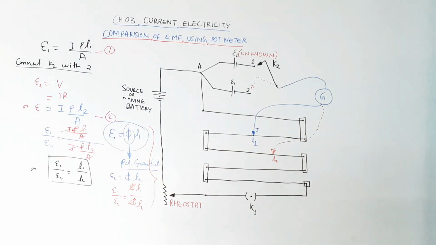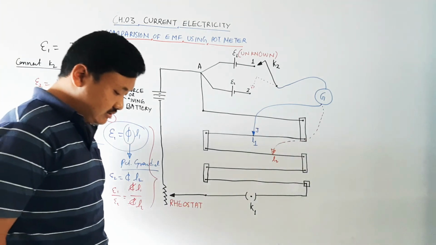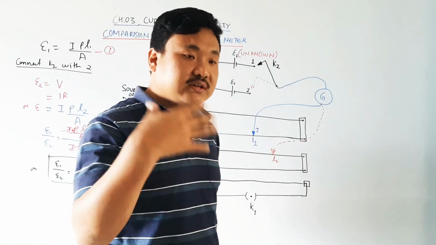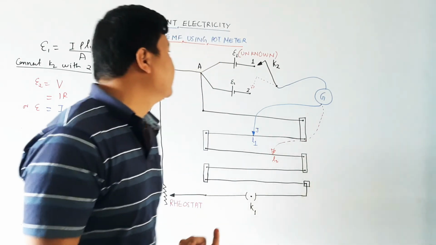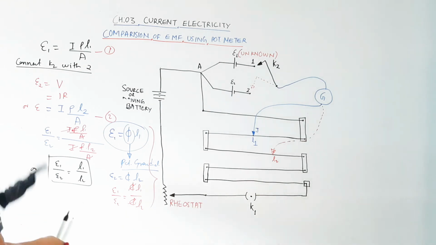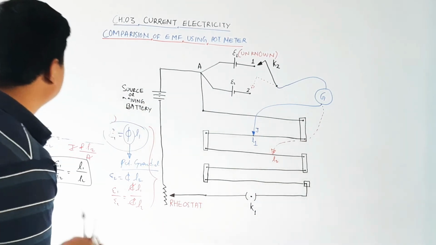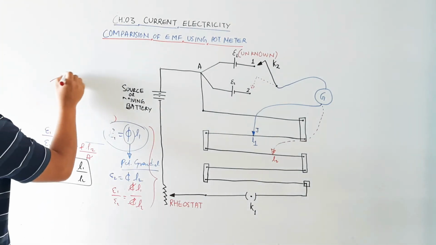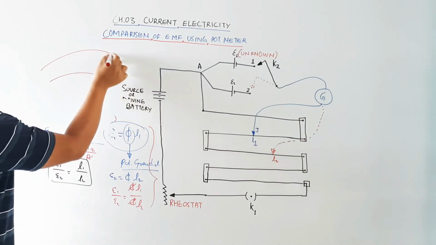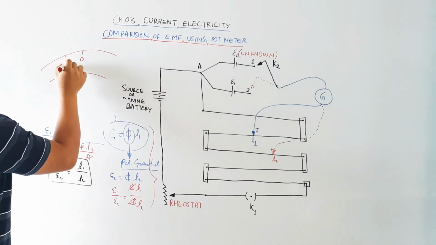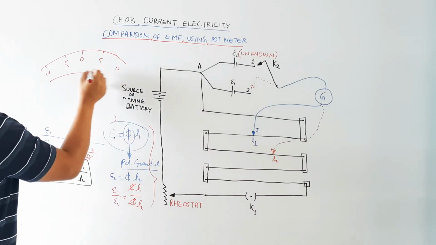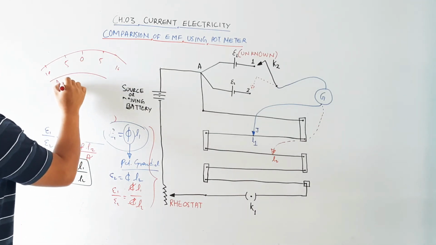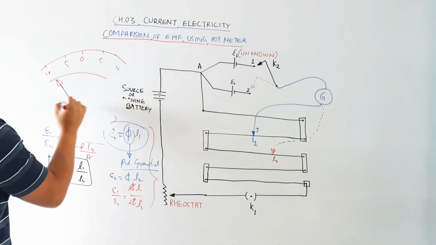Both are the same. Now, sometimes a question is asked in the board examination: what could be the possible reason for one-sided deflection in the galvanometer? What do we mean by one-sided deflection? You have a galvanometer with scale 10, 5, 0, 5, 10, and it always deflects at this one point.